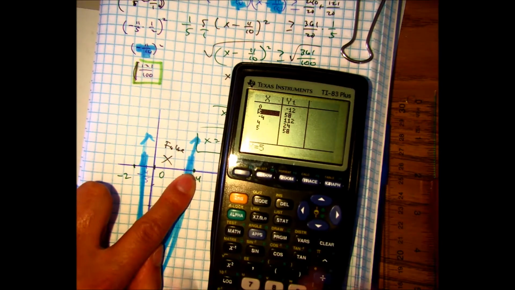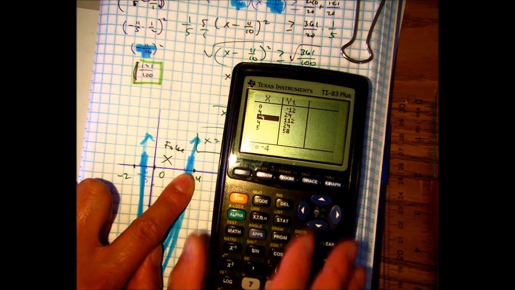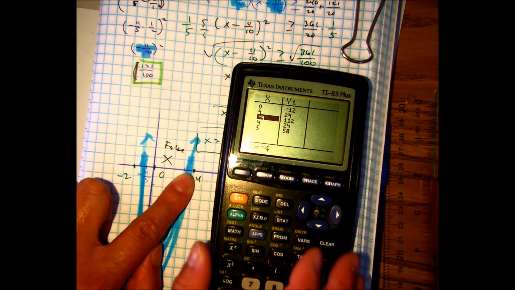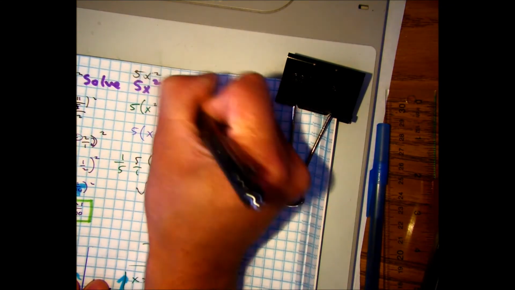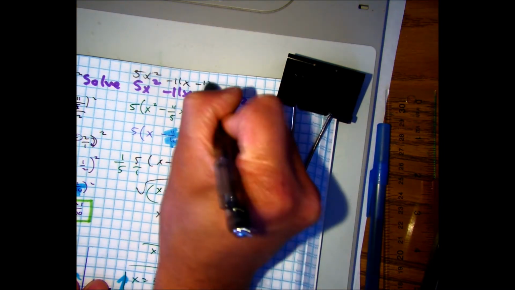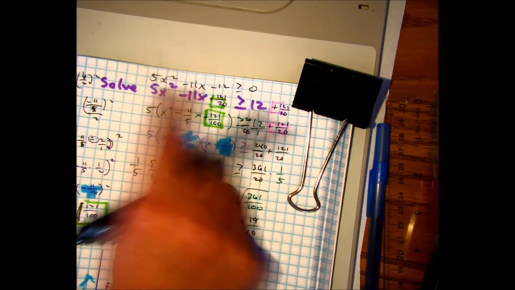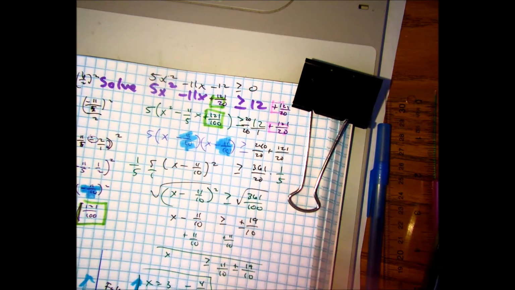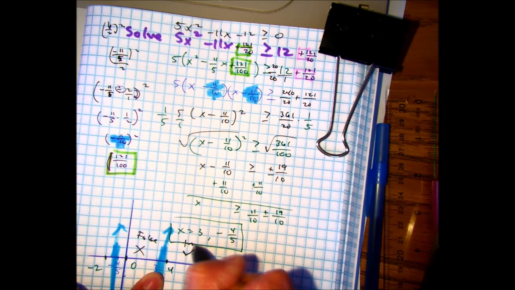If I put in 4, enter, is 24 bigger than 0? So we don't have it on here, but we're really looking at this inequality. We're basically taking in 4, putting in for x, and the calculator is evaluating it for us, right? Class, is 24 bigger than 0? So this would be a true.